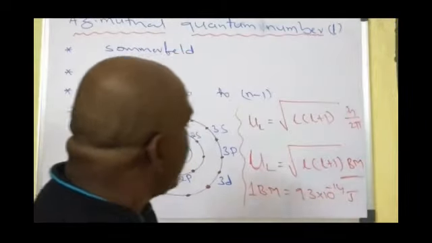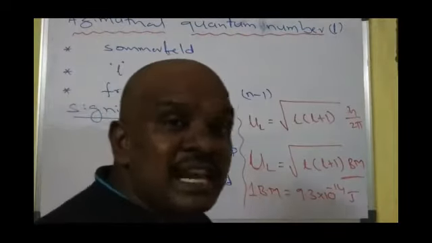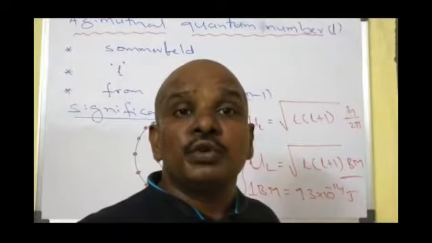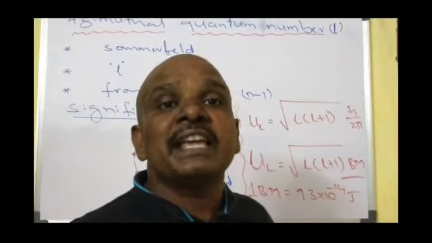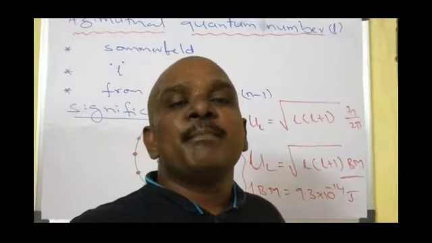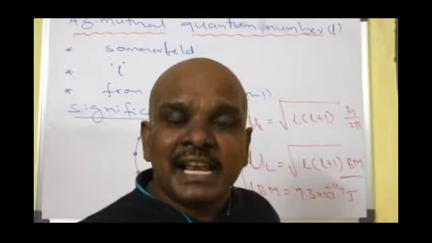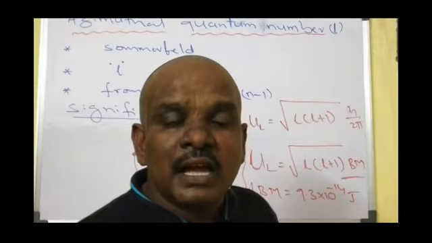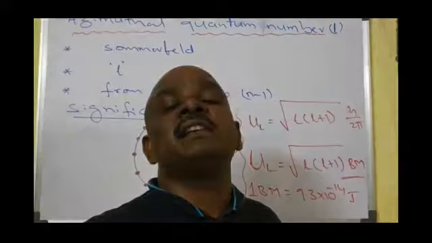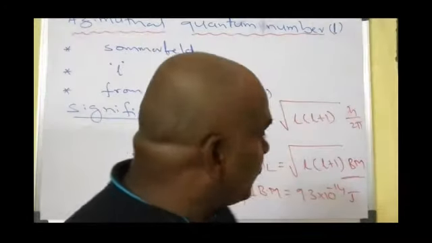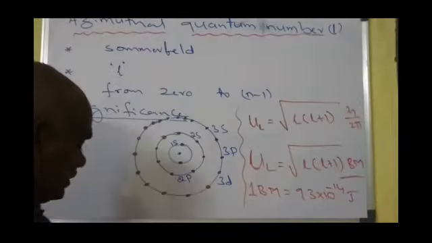And the azimuthal quantum number is also used to explain the number of orbitals in a shell or subshell, and the number of electrons in a subshell. The formulas are there. You see now.